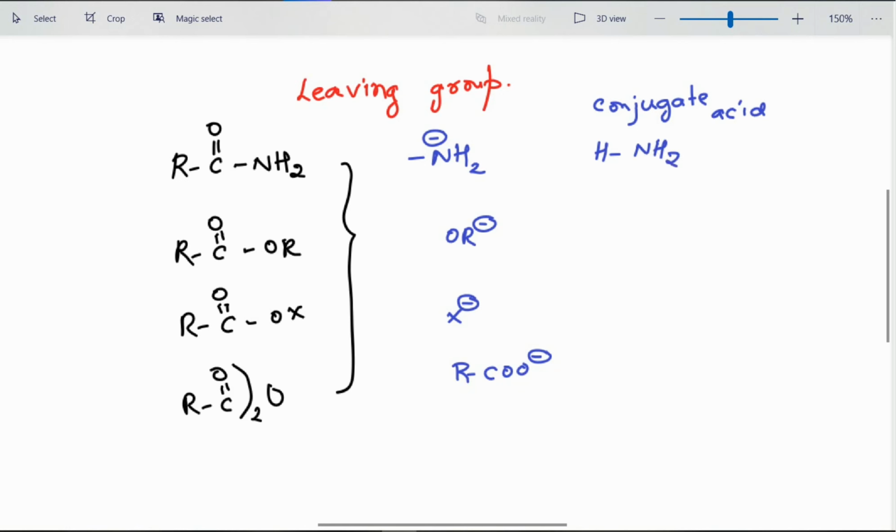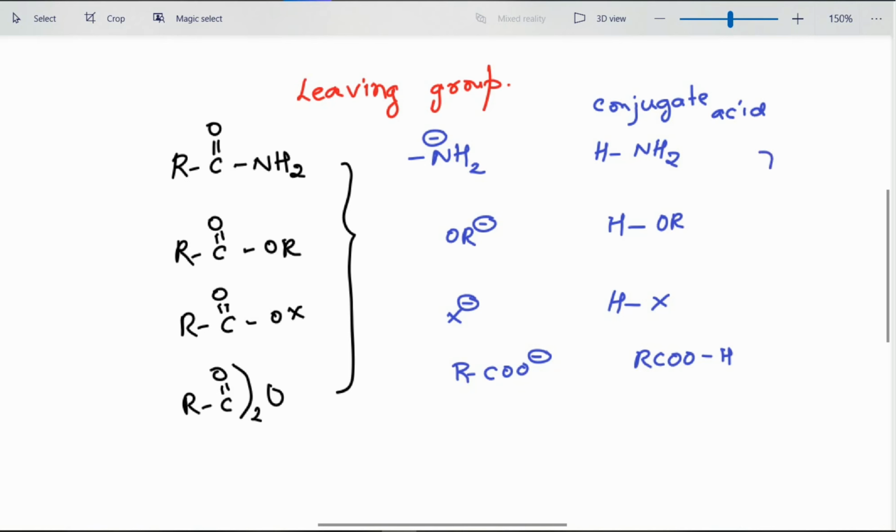For OR minus, the conjugate acid is the alcohol, ORH. For X minus, it is HX. For RCOO minus, it is RCOOH. So these are the conjugate acids.